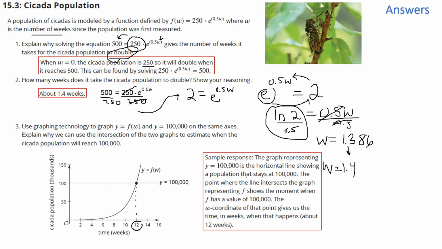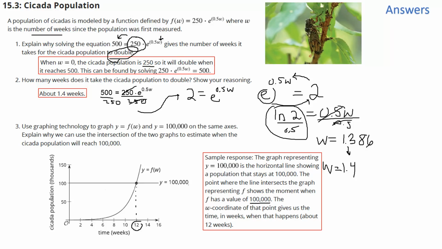The point where the line intersects the graph of f shows the moment when the function f has a value of 100,000. So the w coordinate of that point gives us the time in weeks when that happens. So basically it takes about 12 weeks for the population to reach 100,000. That's what this intersection right here means.